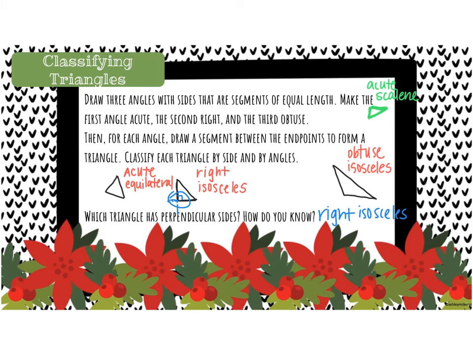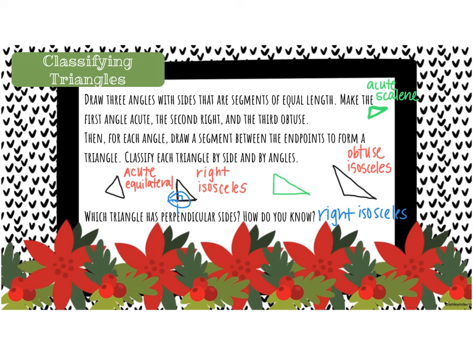Okay, I want you to name this triangle on your board. Write down the name of this triangle right here in green on your board. Name it based on its angles and its sides. Look at mine up there.